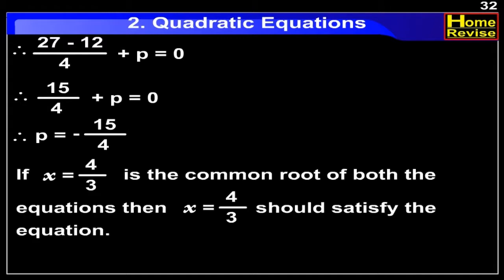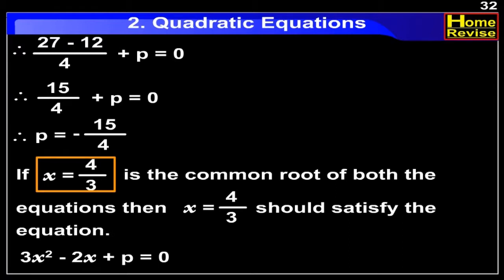Similarly, if x is equal to 4 upon 3 is the common root of both the equations, then x is equal to 4 upon 3 should satisfy the equation 3x square minus 2x plus p is equal to 0.